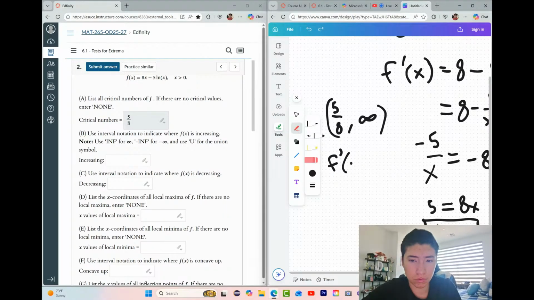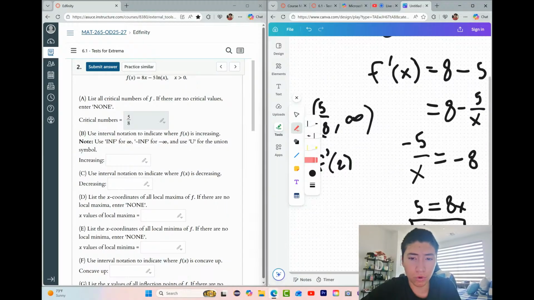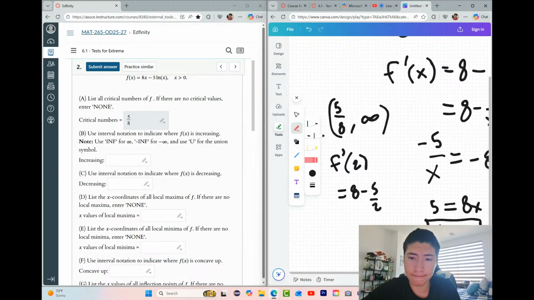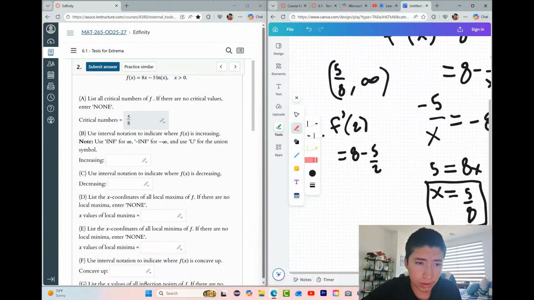what is this going to equal? We get 8 minus 5 halves. And that's surely greater than 0, right? That's 11 halves, and that's obviously greater than 0.